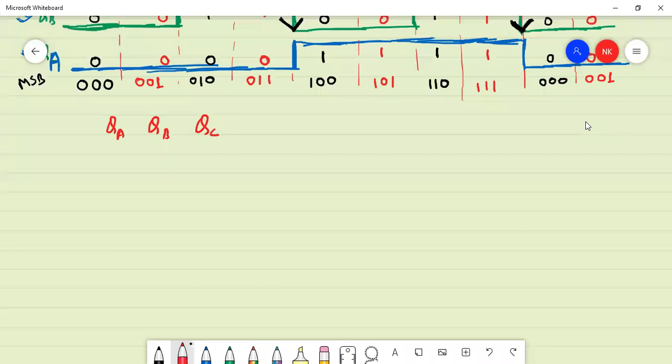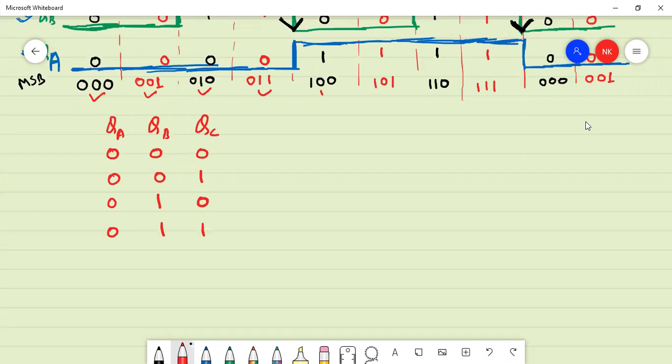You can see here that this is the first value, that is 0 0 0. Then we have got the value 0 0 1. Then 0 1 0. Then 0 1 1. Then 1 0 0. Then 1 0 1. Then 1 1 0. Then 1 1 1.